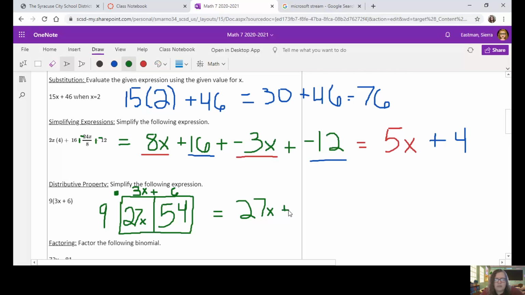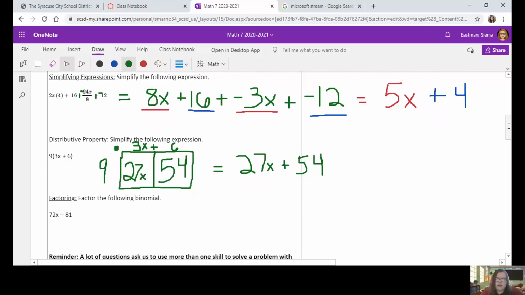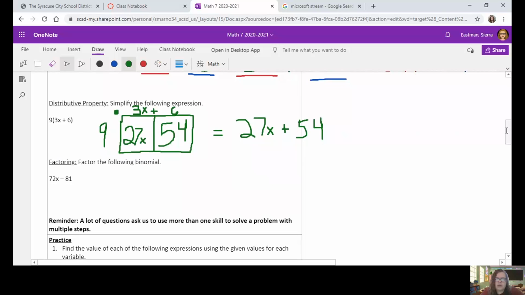Okay, we kind of simplified in a more specific way whenever we see a product of a binomial and some other value outside those parentheses. And then skill number 4 that we learned was doing the opposite.